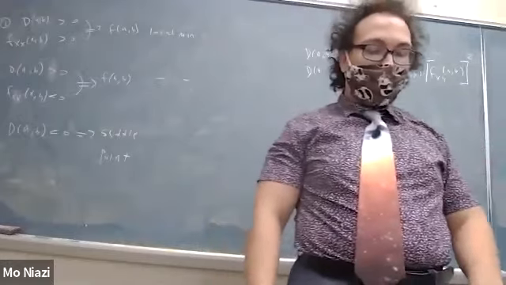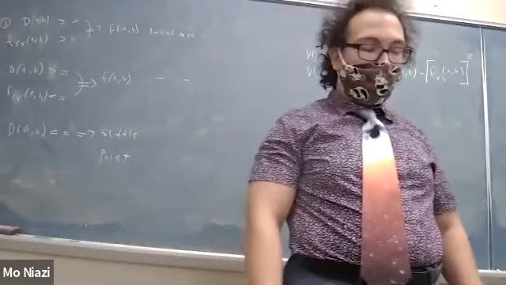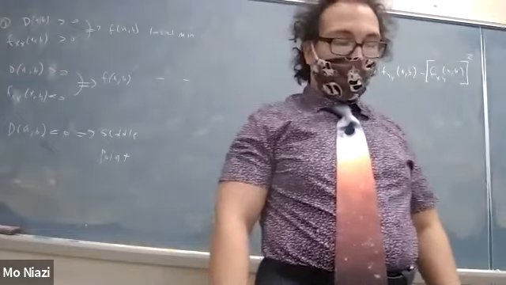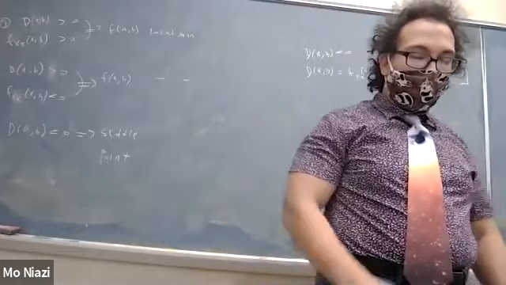Let's classify some critical points. Let's find local minimums and local maximums or saddle points, if any, of some function f of x y is equal to x to the fourth plus y to the fourth plus x y.